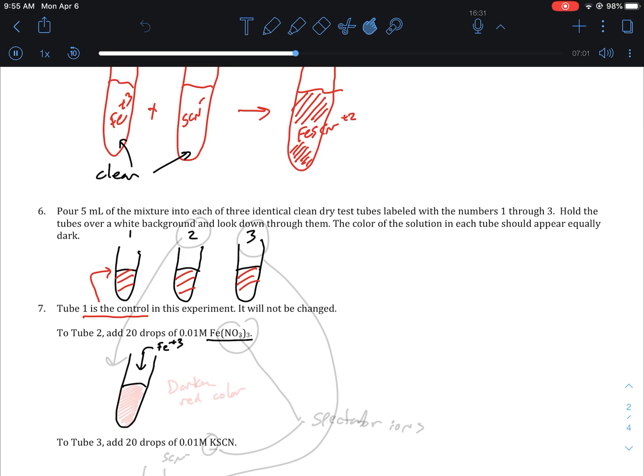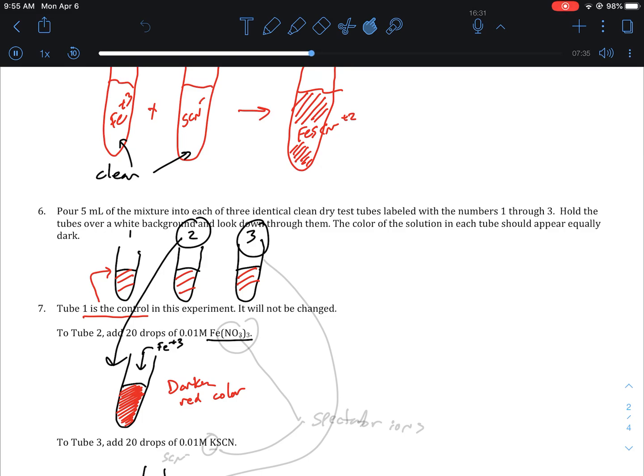And what we observe after doing that is that we see a darker red color, as in whatever color there was before, it has just now become more pronounced. It is a lot darker than it started as. So remember that this up here is tube 2 before, and this is tube 2 after.